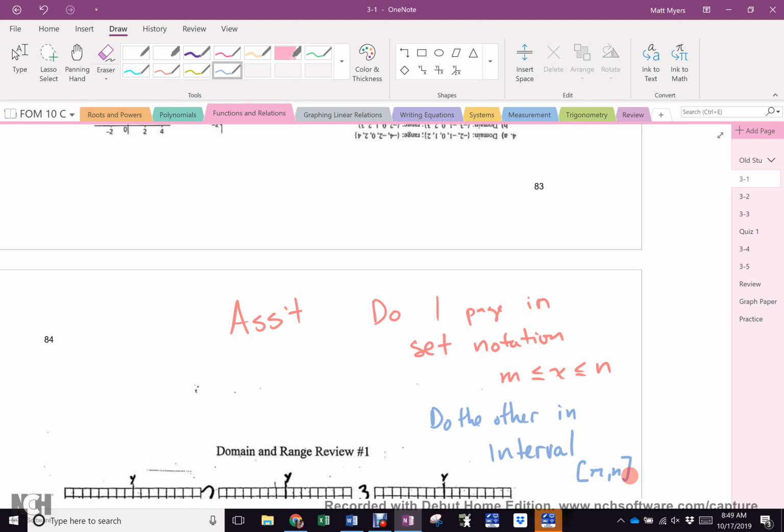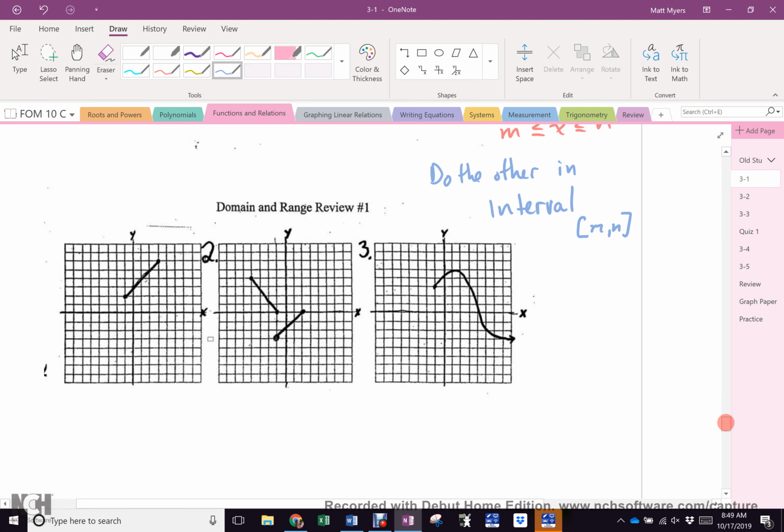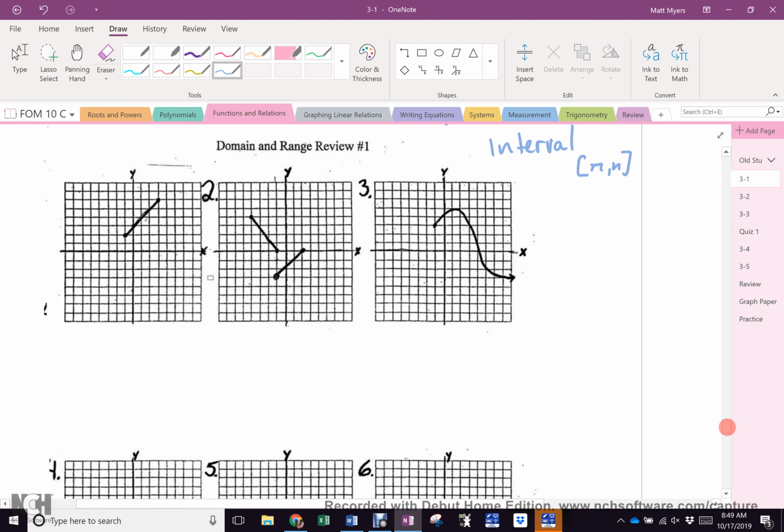Right? And there's a couple of things on here that are weird. Please look at page 84. It didn't work very well, some of the photocopying. These guys are all colored in dots at the ends. This guy goes flat.